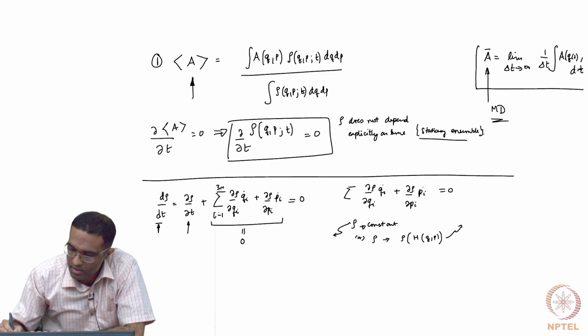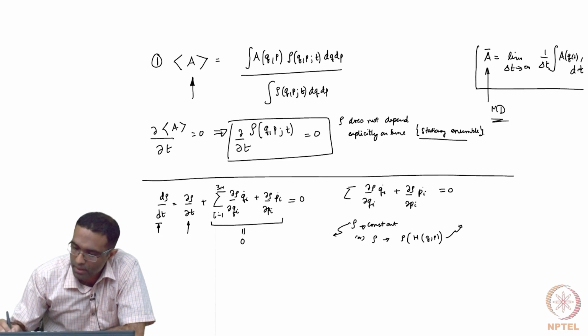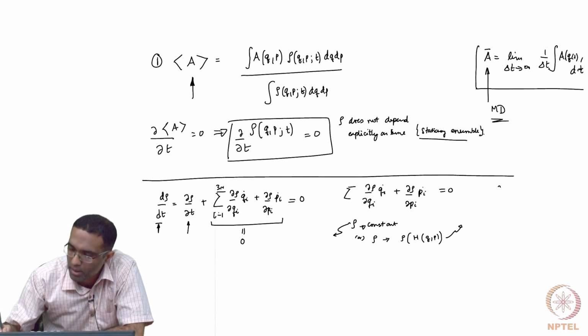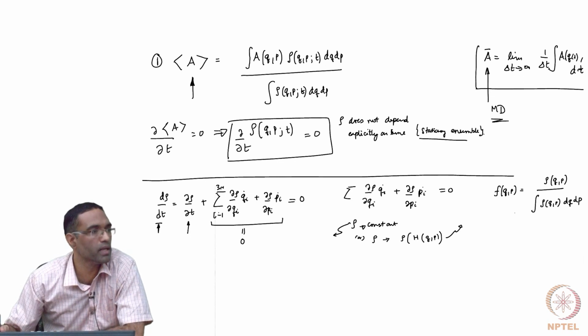Now this is something that we can derive right now. It so happens that rho is nothing but the density, the number of points per unit volume, and the probability density, which we will now represent using f, is nothing but rho of q comma p divided by the integral of rho of q comma p dq dp, integrated over the entire phase space.